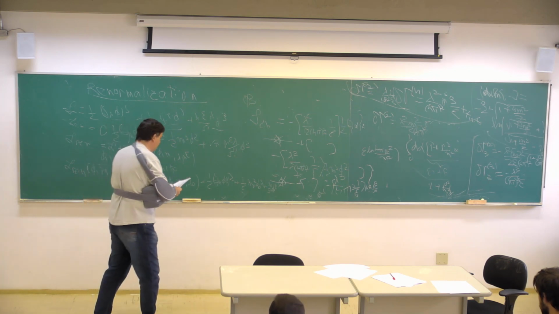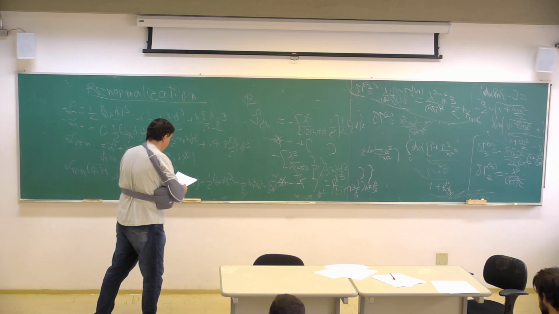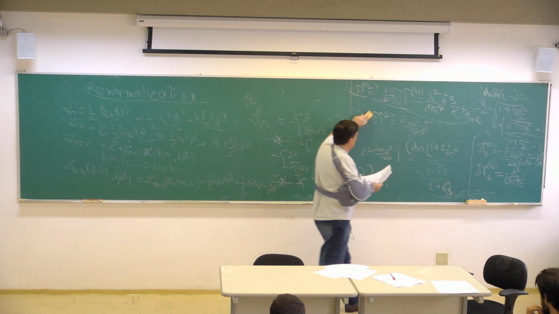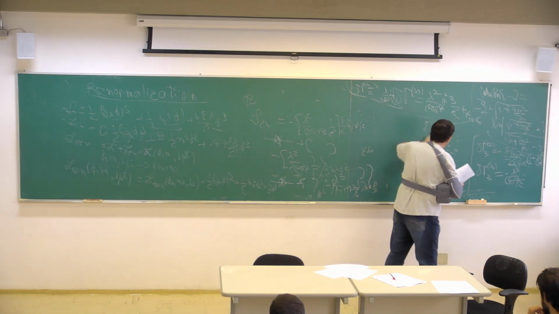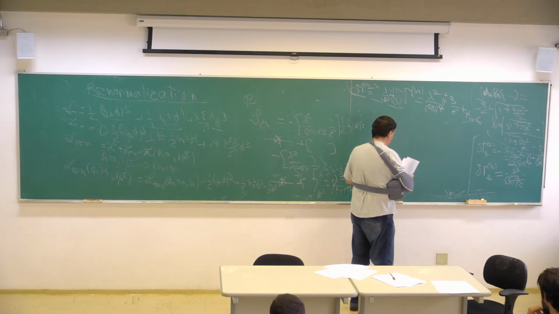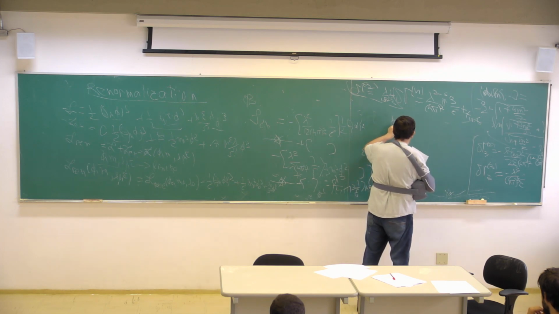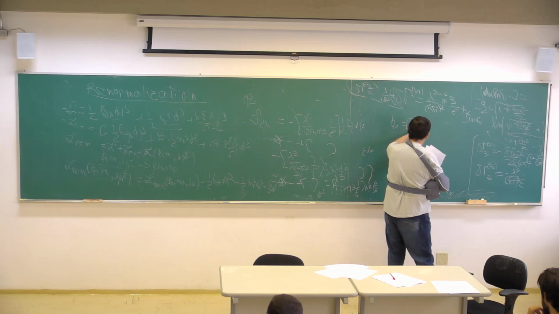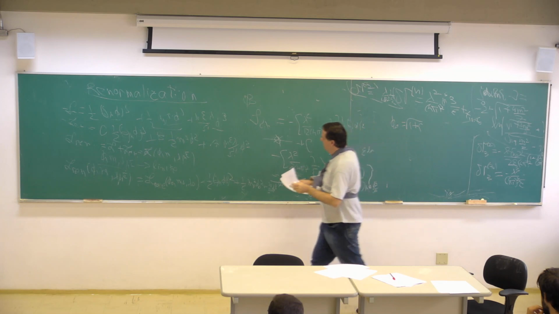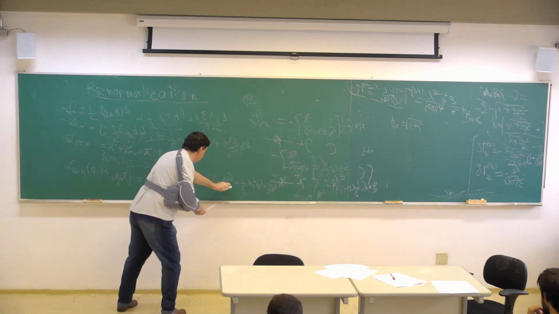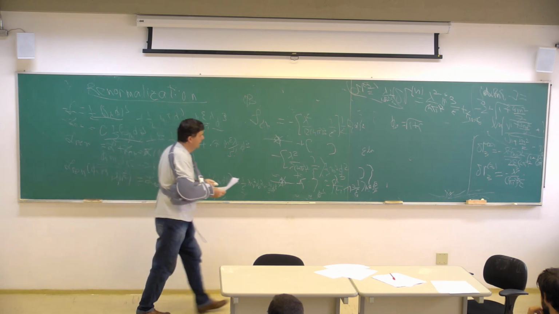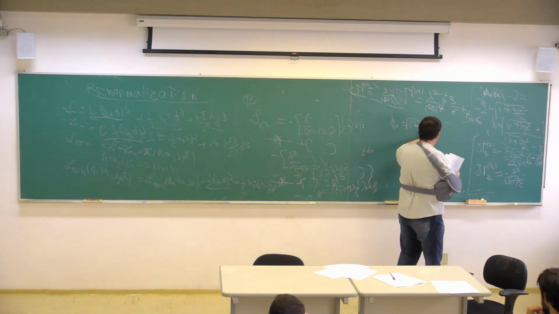So now I write in general. Let's say phi 0 is square root 1 plus c, right? Just identifying this with this plus this, right? Phi 0, 1 plus phi.